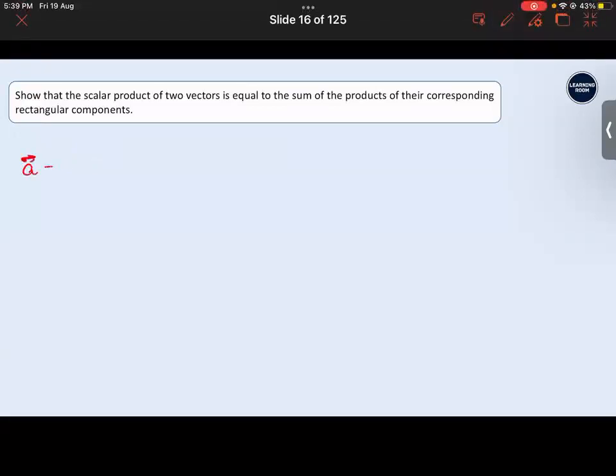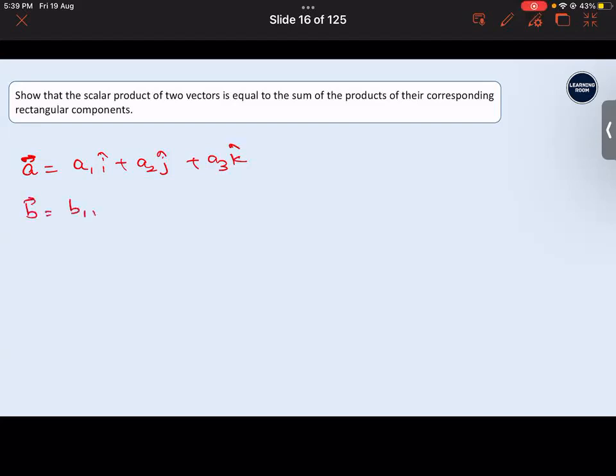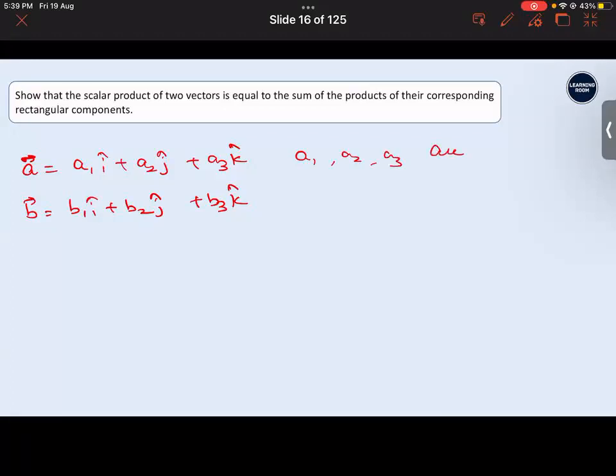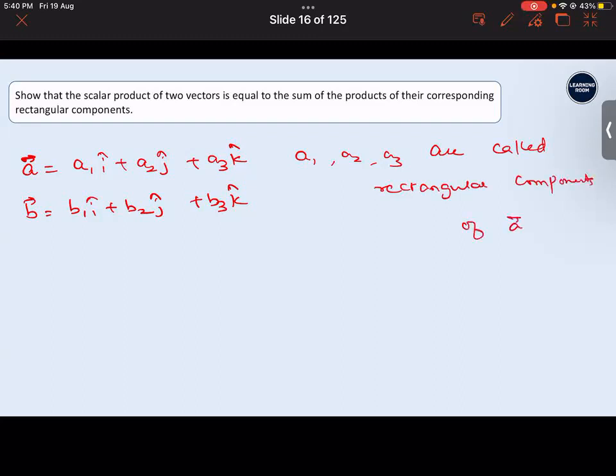If you remember, if A vector is equal to A1 i cap plus A2 j cap plus A3 k cap, then B vector is equal to B1 i cap plus B2 j cap plus B3 k cap. A1, A2 and A3 are called rectangular components of A vector.